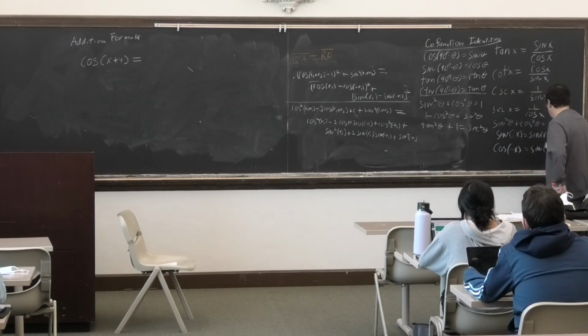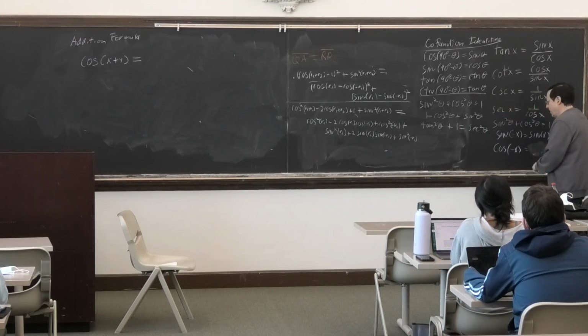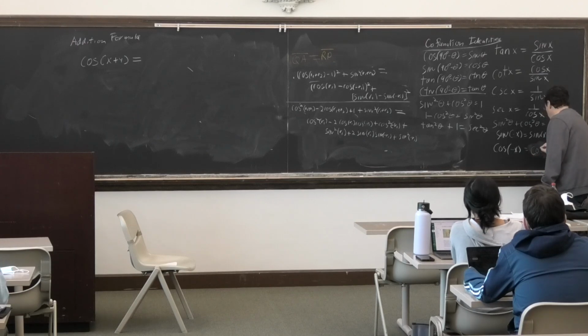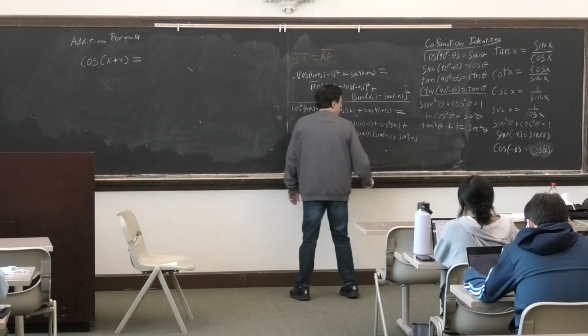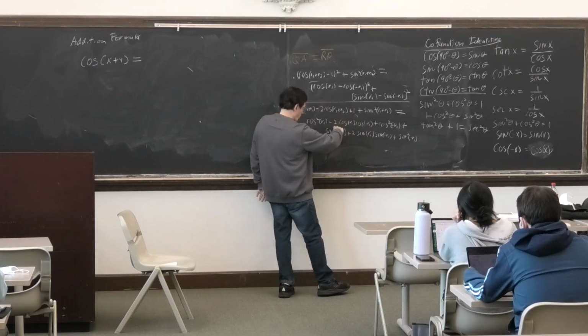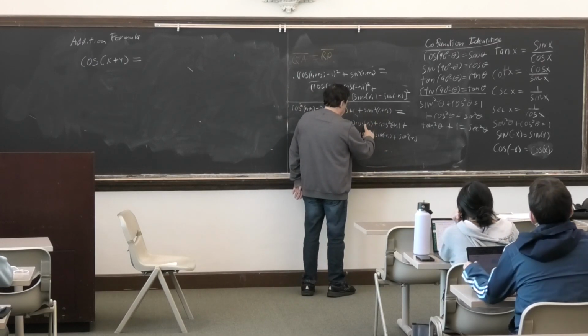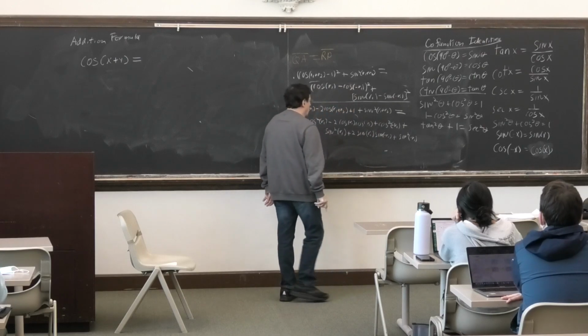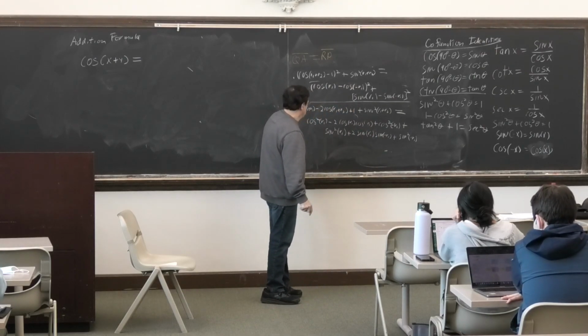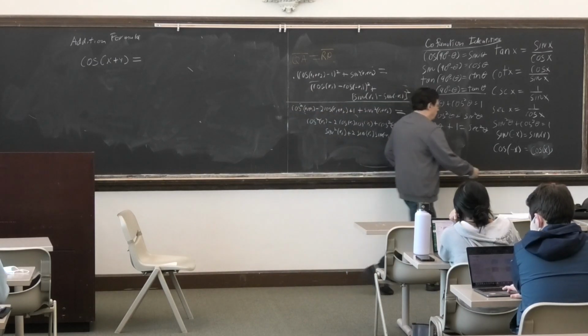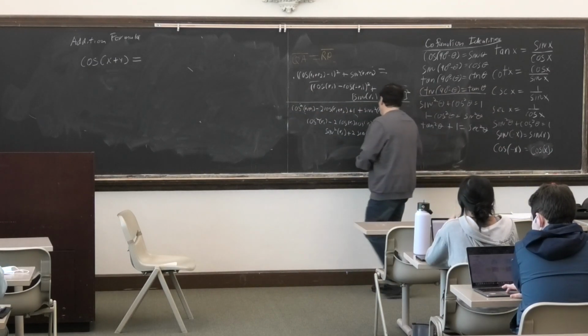Wait a minute. That's been on the board. How many minutes? No one saw it? So this is just cosine of r1, or 2 cosine squared r1. Simplify that.